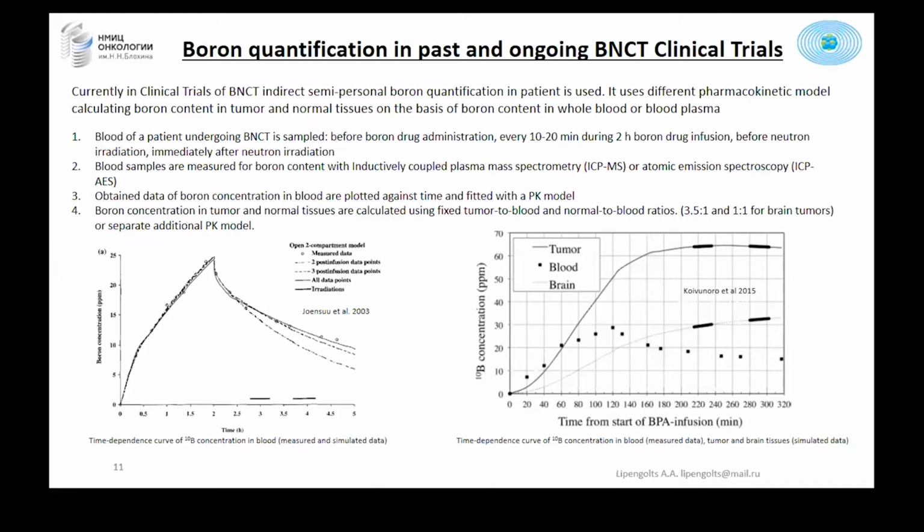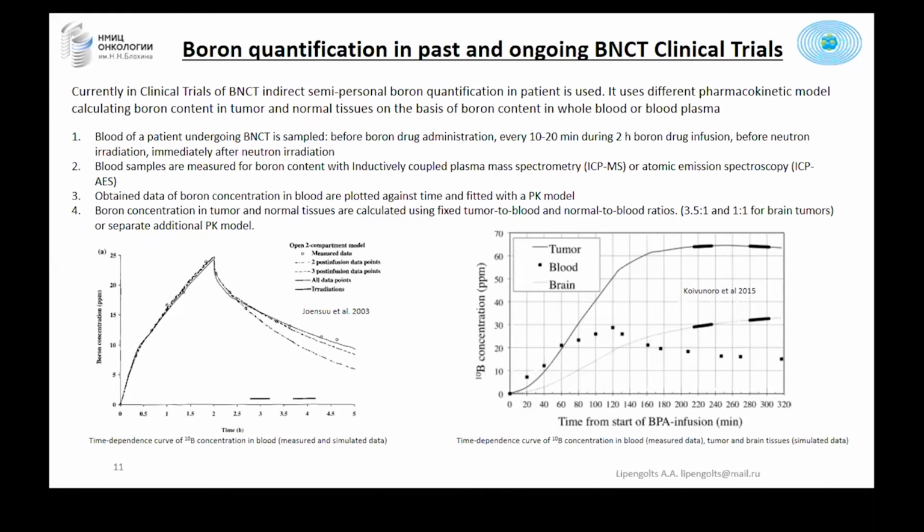The goal of this procedure is to evaluate the average boron content in blood during the radiation. And it can be quite specific for every particular patient. So an individual profile of boron concentration in blood is usually created.